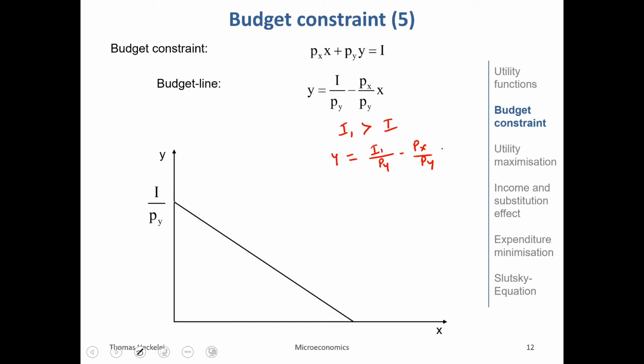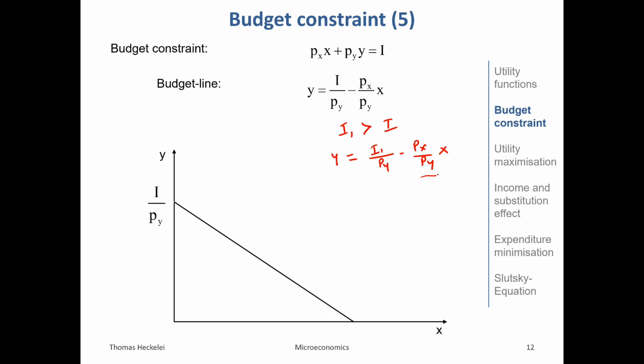Let's look at it. The slope remains the same, right? So there's no change in the steepness of the curve. It will be the same sloping level.